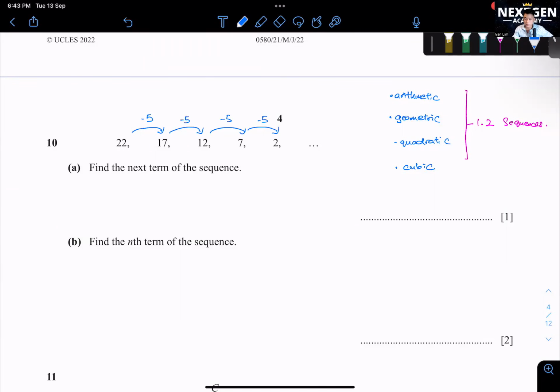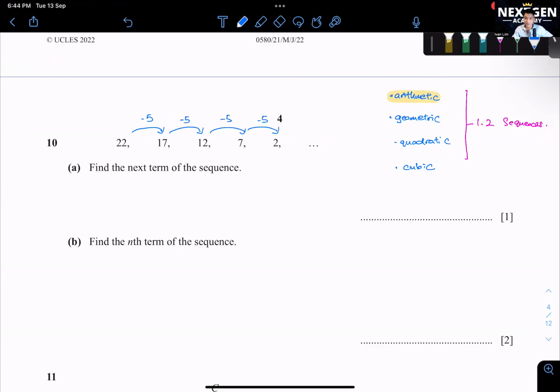So this will be called what? Arithmetic, geometric, quadratic, or cubic? Plus and minus, it will follow an arithmetic sequence. So you need to know that this is called an arithmetic sequence. Clear, everyone? Or anyone has no idea what an arithmetic sequence is?